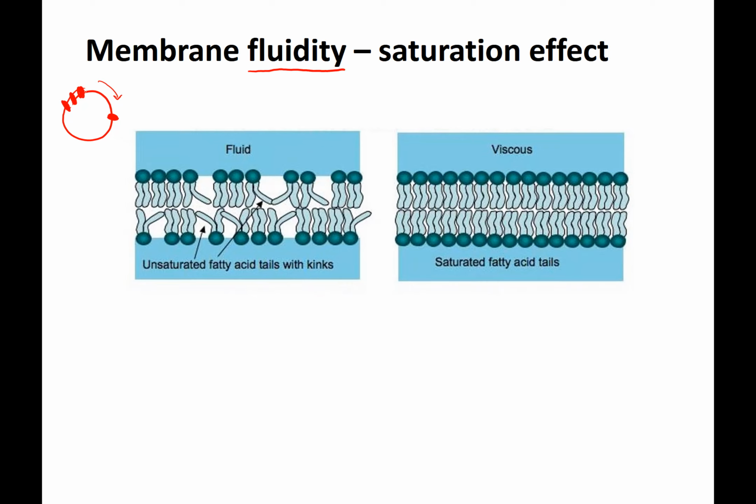Start over. It needs to be fluid enough so that things can move around, but not so fluid that it falls apart. Right? So it's this fine line of, again, think of making Jell-O.